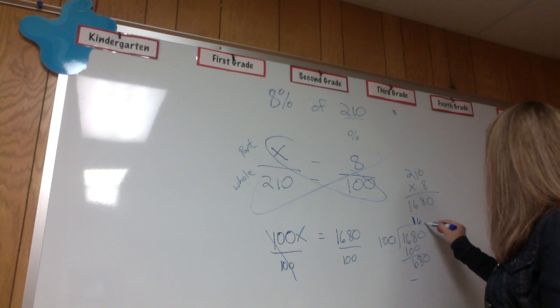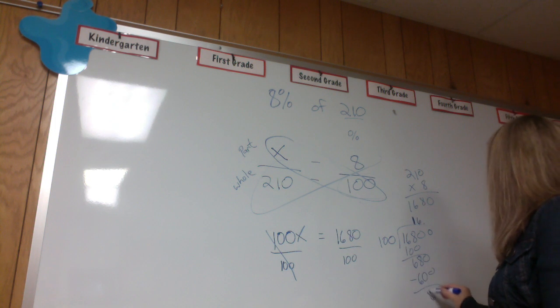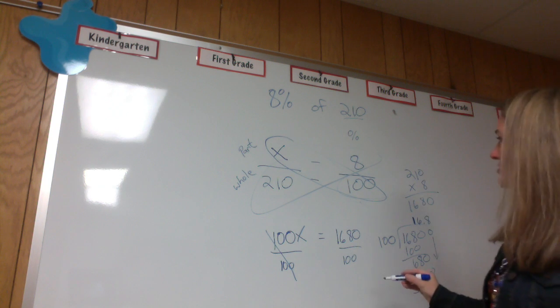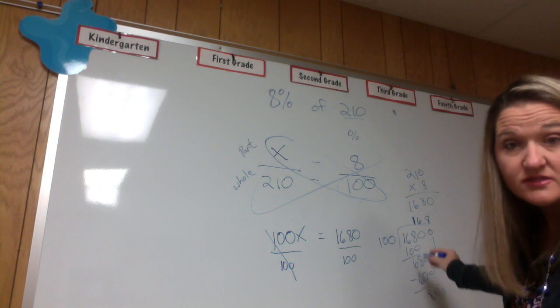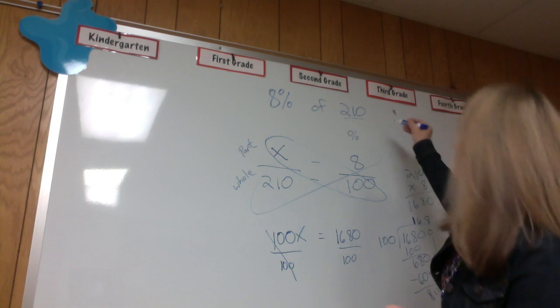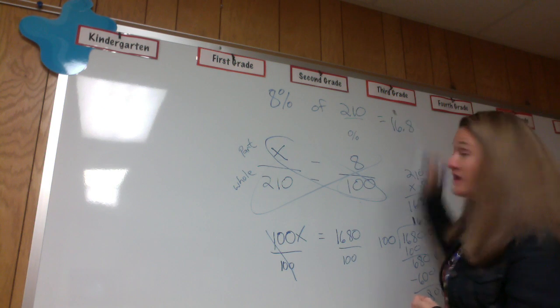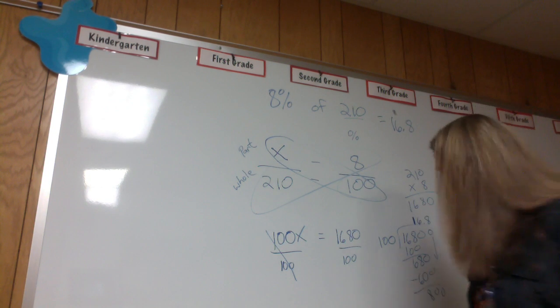Now we have to add a decimal because we're going to start dropping zeros. 600, we've got 80, bring down another 0, 800. So x, I hope you can see that, is equal to 16.8. And that's my answer. 8% of 210 is 16.8.